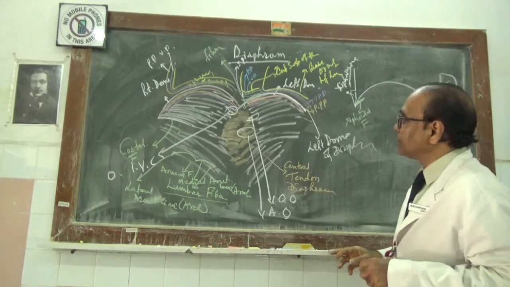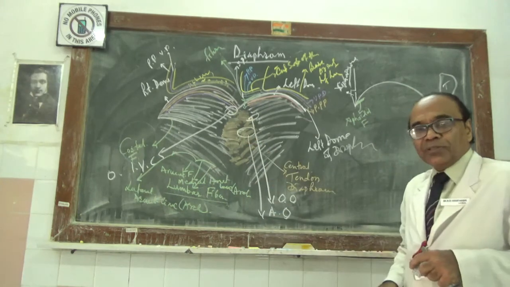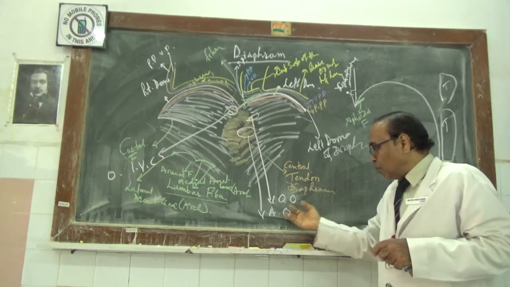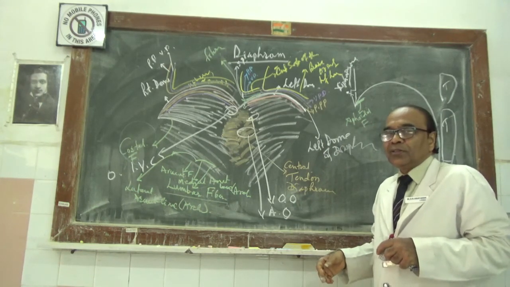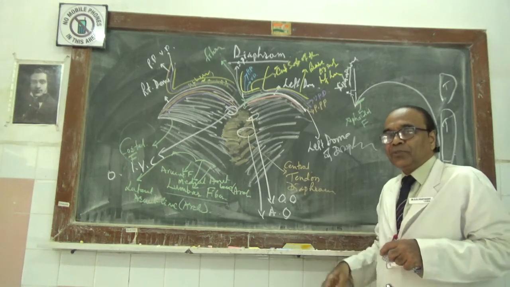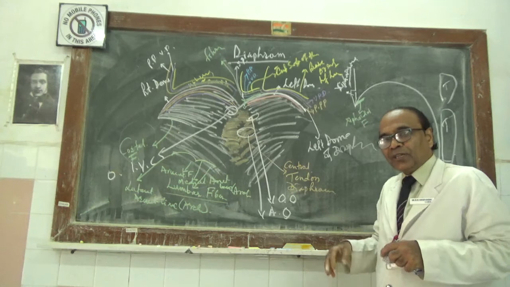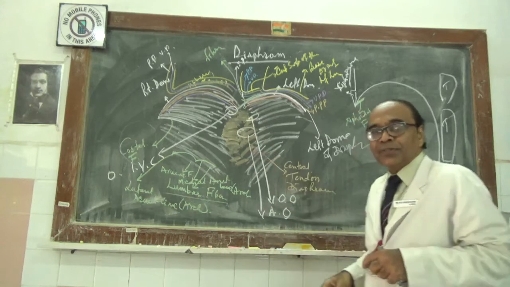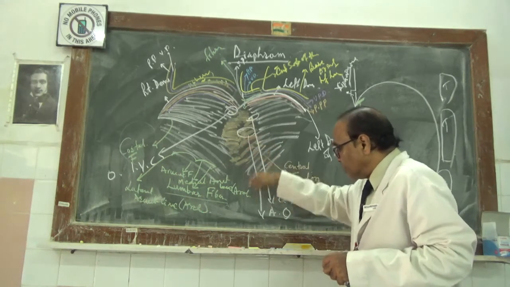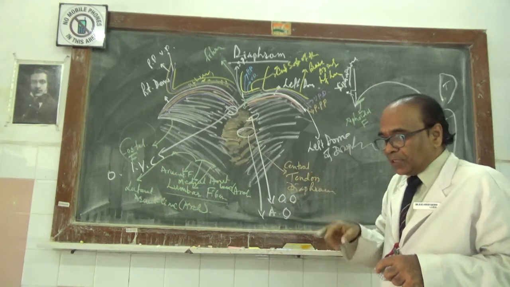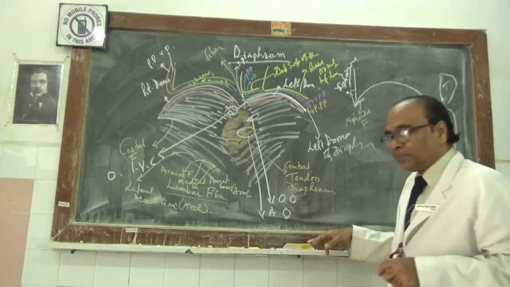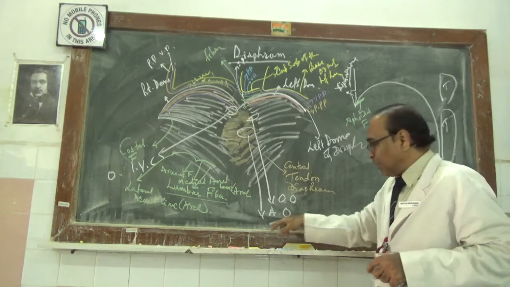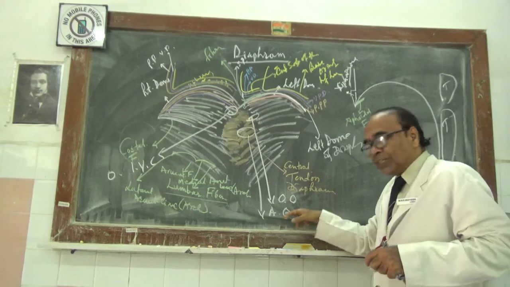Now you have the aortic orifice, which is meant for the traversing of the aorta, that is, the thoracic part of the aorta continuing as the abdominal aorta through this orifice, hence the name aortic orifice.